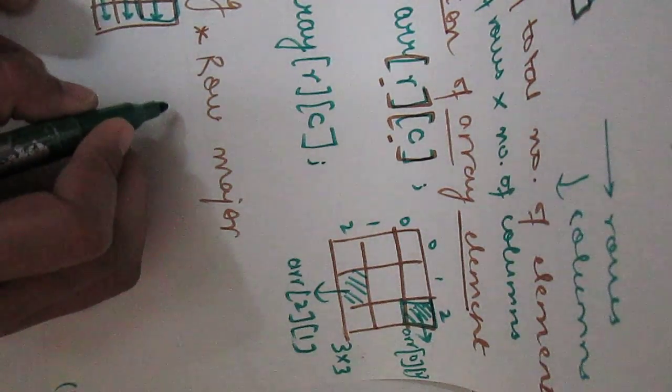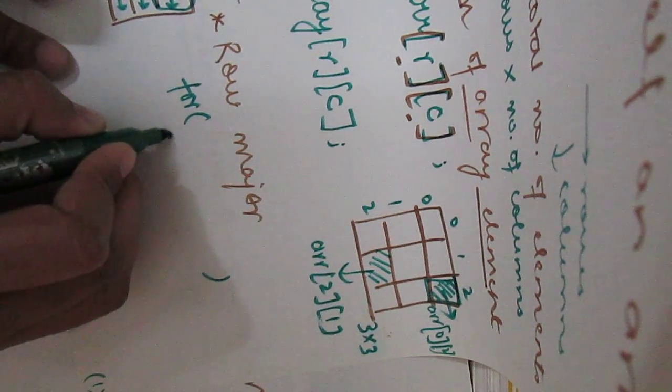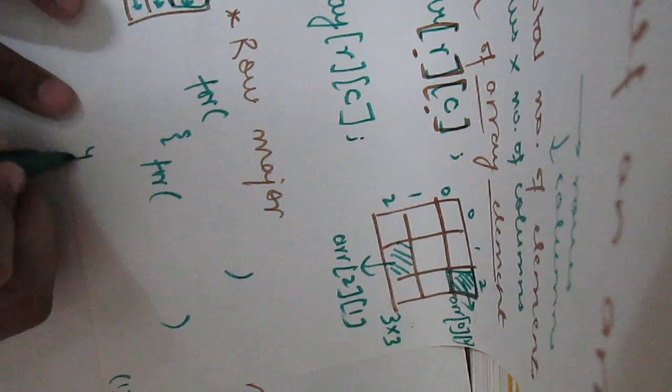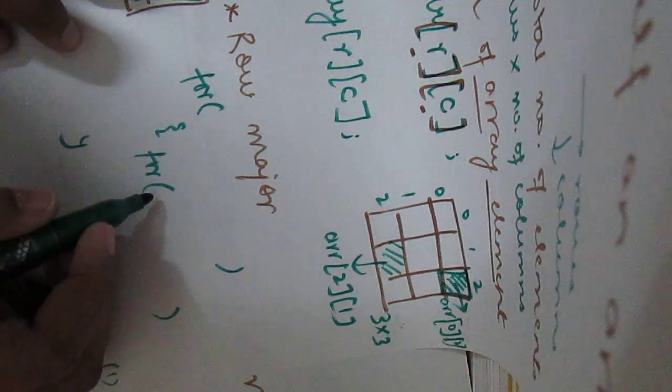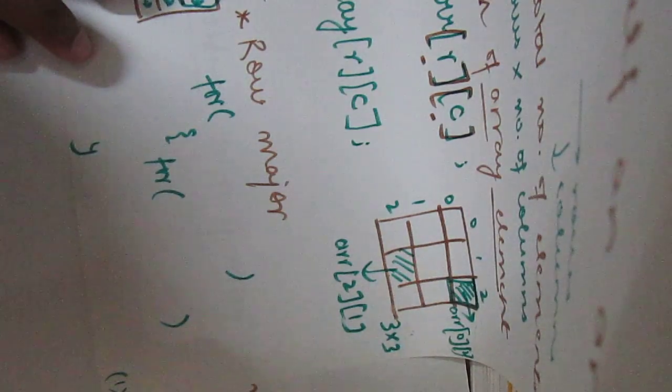For example, a for loop, and then again a for. For within a for, a nested loop. And then in the inner loop, I have to write the columns, because for each row, I have to access every element of that particular row.